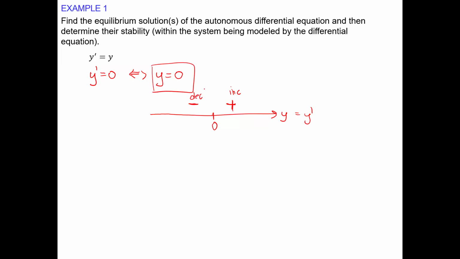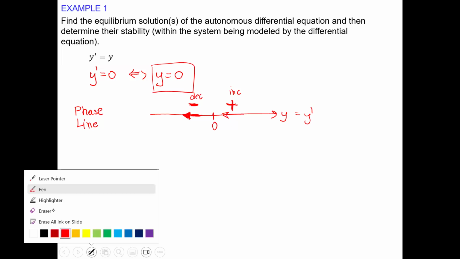This is actually our phase line, and we have to look at the behavior. Please remember, if it's decreasing, like negative, the arrow will always go to the left-hand side, away from the equilibrium solution. If it's plus, increasing, the arrow will always point to the right-hand side.